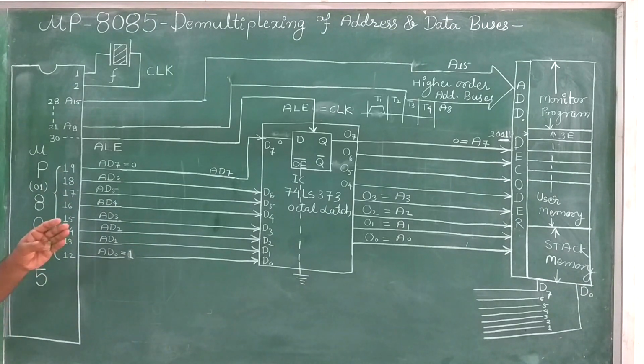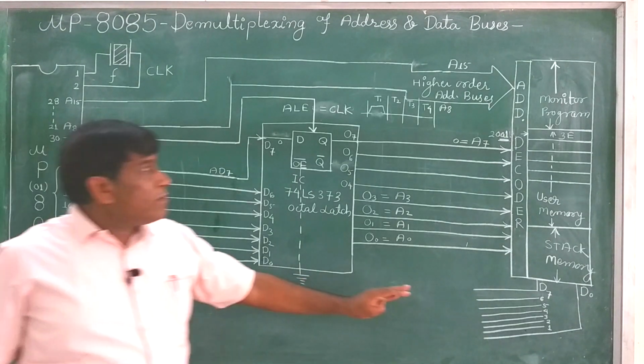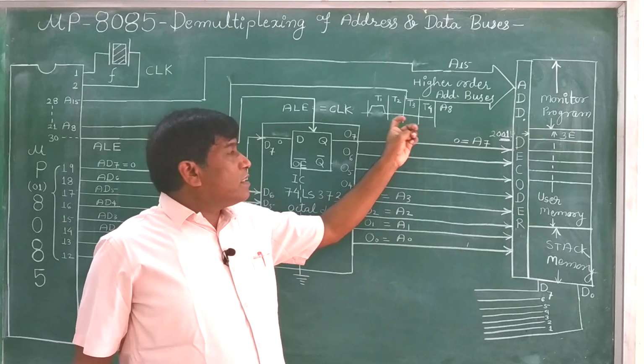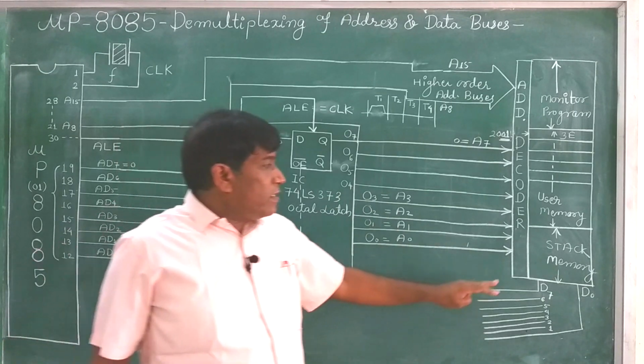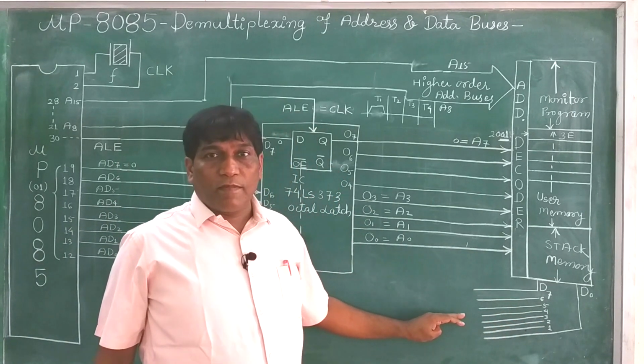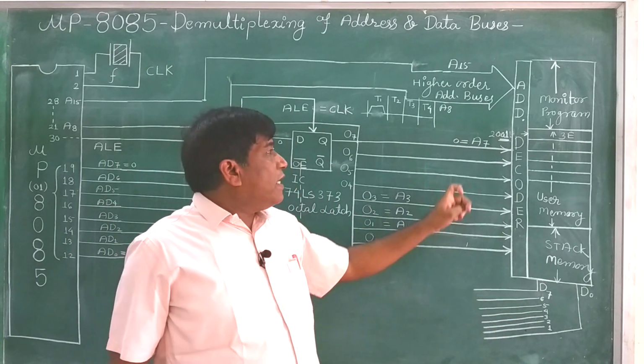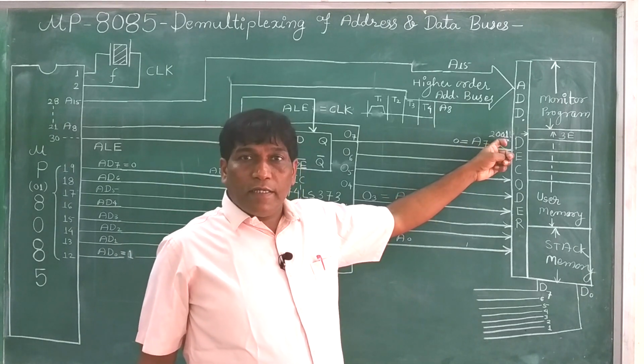And now we will explain what happens during T2 and T3 timing, because at that time data is to be loaded. Initially the address is loaded on the AD buses.